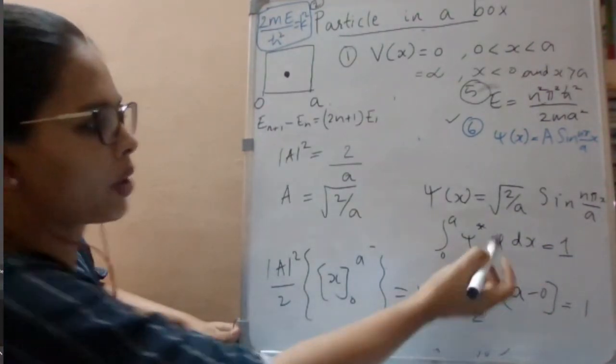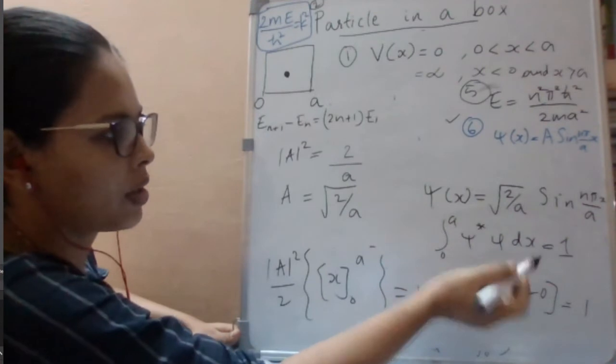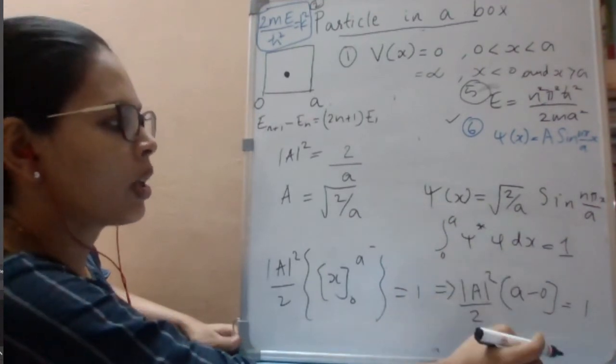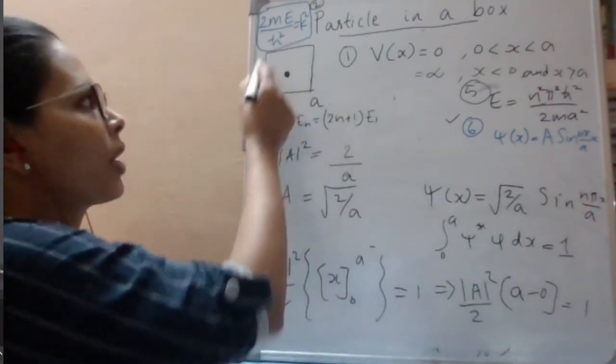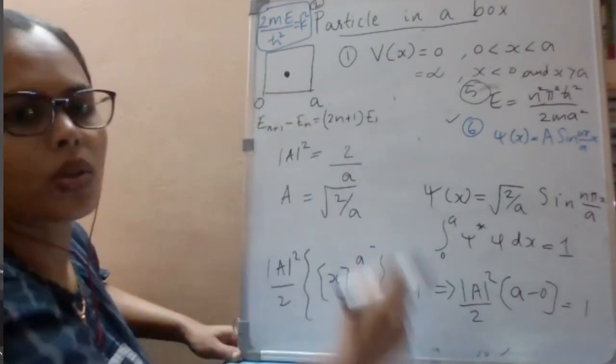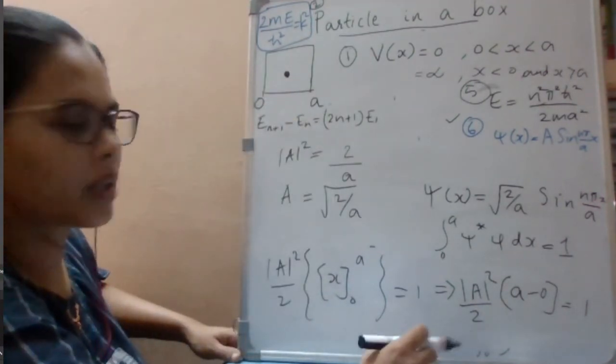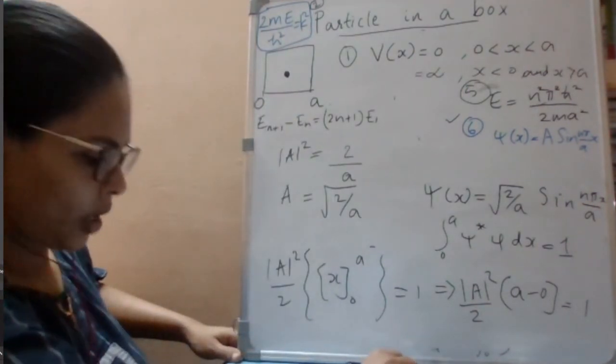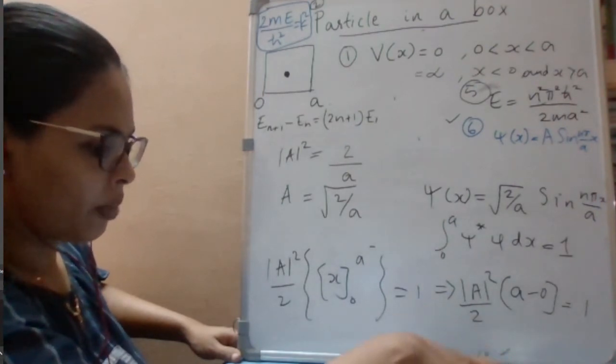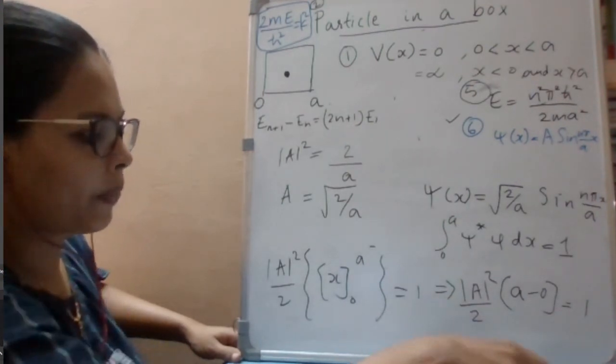That means the inner product of psi with itself is 1, or the total probability of finding the particle within the box is 1. That is the meaning of it. So that is all about the normalization of wave functions.